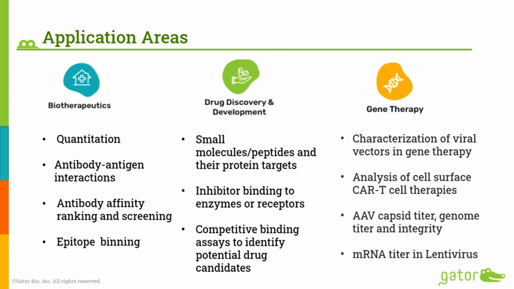So if we are looking at the application areas that Gator addresses, for this particular project we are in a very early discovery phase, where Libin is obtaining this periplasmic solution through phage display.